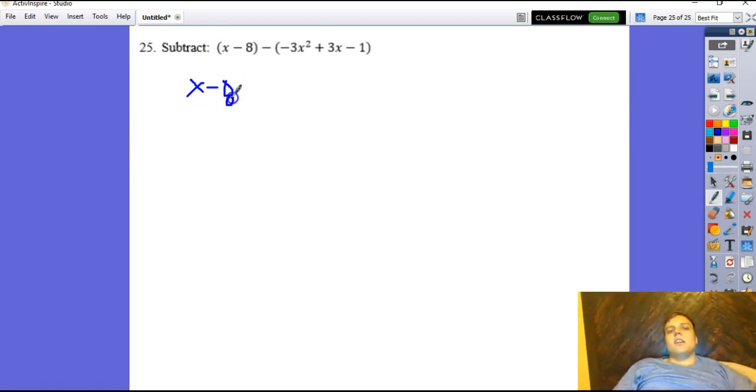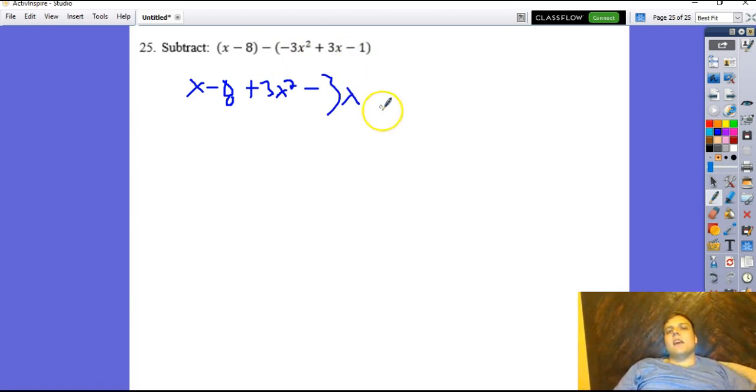Now, this second set of parentheses, when I want to drop them so I can start combining like terms, this negative sign will change the sign of everything inside this parentheses. So this negative 3x squared is going to become a positive 3x squared. Okay? This negative is going to make this positive 3x become a negative 3x.